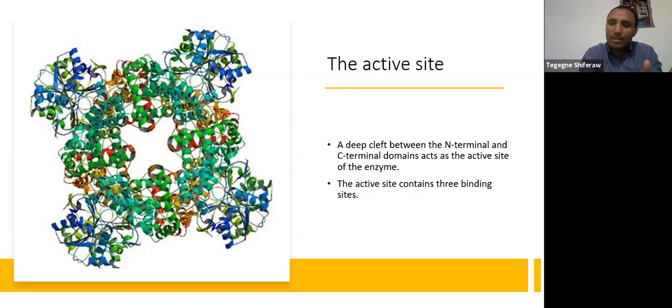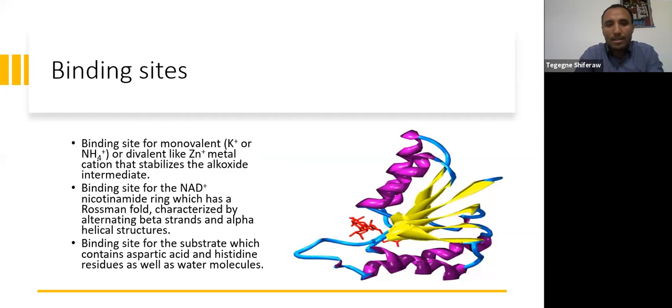The C-terminal is from 163 to 370. So there is a deep cleft formed between these terminals, and that active site has 3 binding sites. These binding sites include the binding site for the metal, the binding site for the NAD+ nicotinamide ring, and the binding site for the substrate.